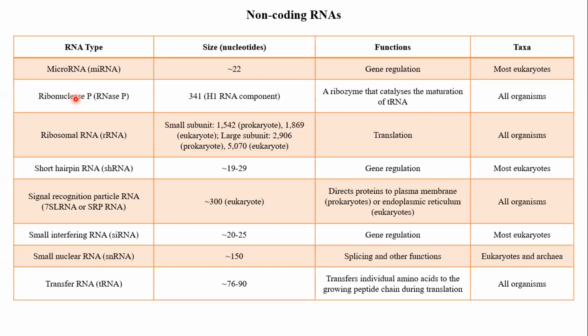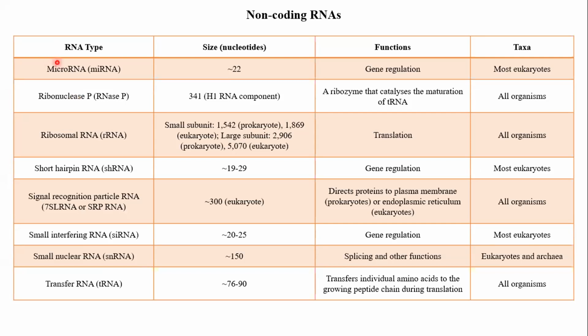Okay, RNase P cuts the 5' leader sequence. There is a leader sequence at the 5' end of the primary transcript of transfer RNA. So it cuts that sequence and generates the 5' end of mature transfer RNA. It is also present in all organisms.